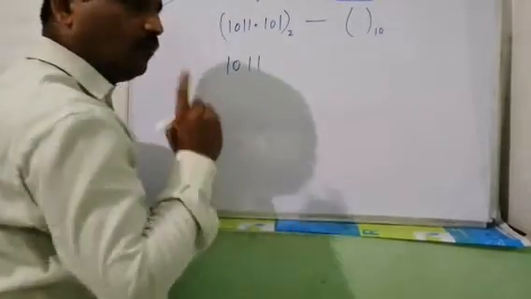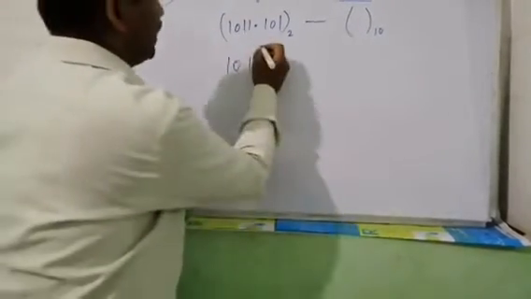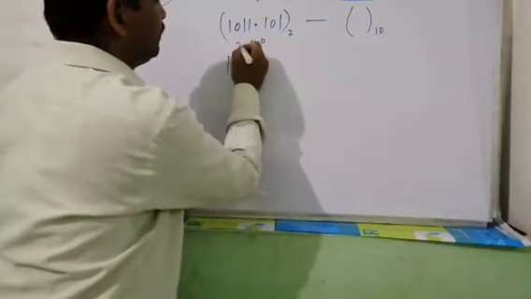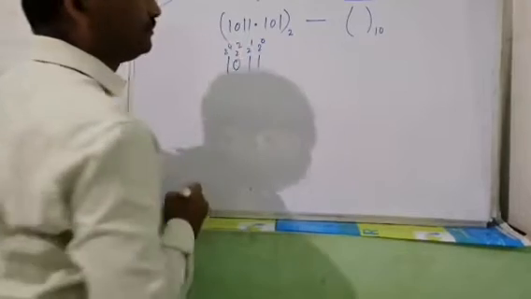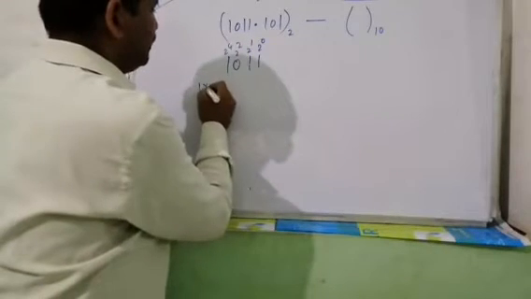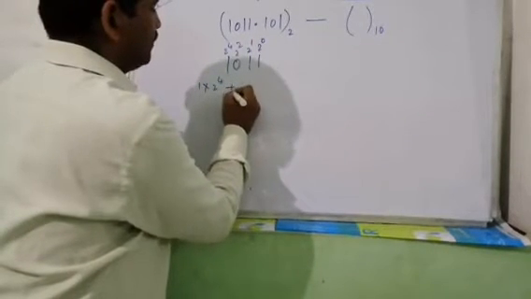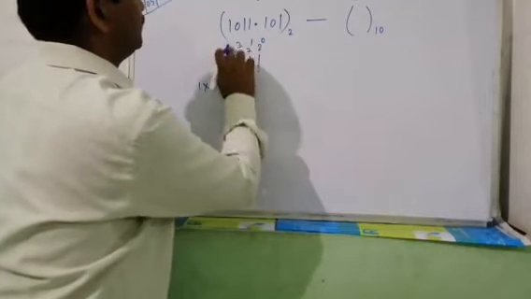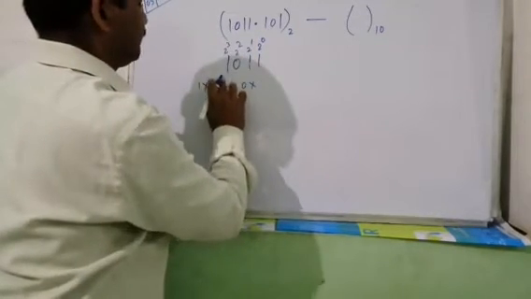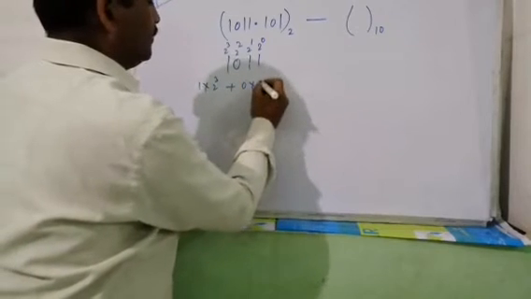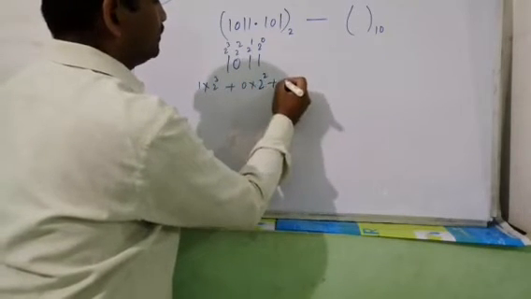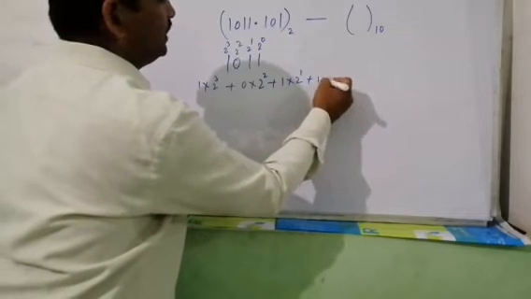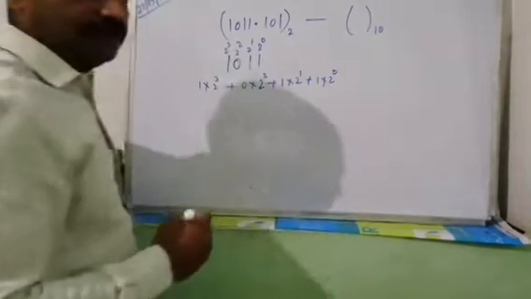1011. What I have told? We have to write 2 to the power 0, 2 to the power 1, 2 to the power 2, 2 to the power 3. So 1 into 2 to the power 3 plus 0 into 2 to the power 2 plus 1 into 2 to the power 1 plus 1 into 2 to the power 0.